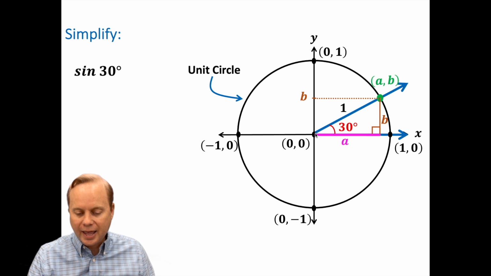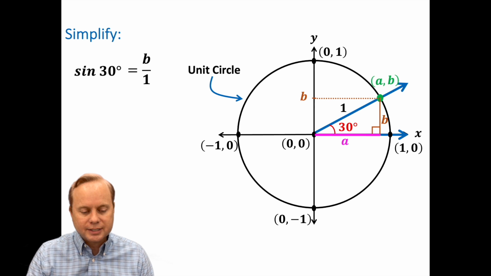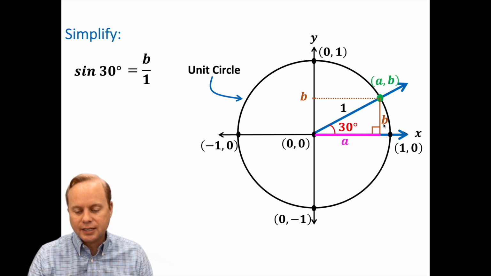It'll be A distance away from the origin, and B distance away from the x-axis. So as we're looking at this one, sine is the opposite side B divided by the hypotenuse, 1. So the sine of 30 is equal to B.